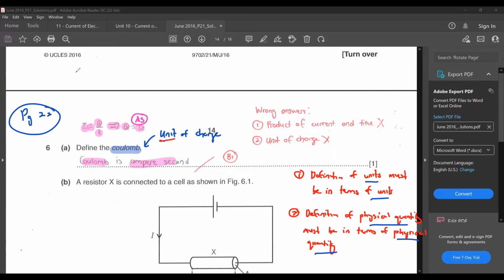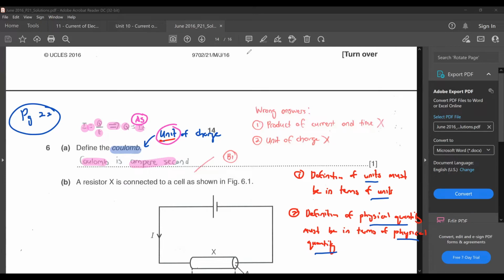You won't say Coulomb is the product of current and time. If you say Coulomb is the product of current and time, your answer is in terms of physical quantity. That one is wrong. Okay. Please make sure that your answer is in terms of unit, since it's definition for unit.